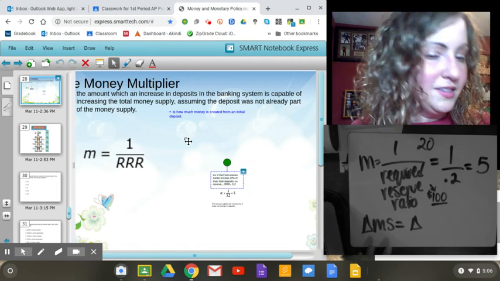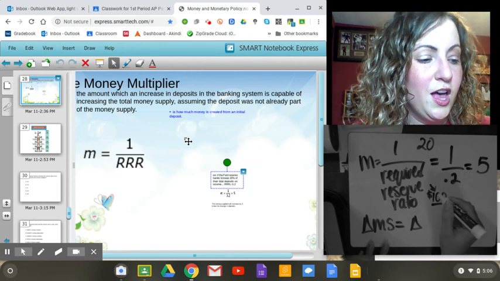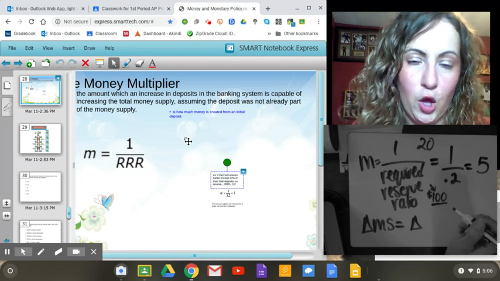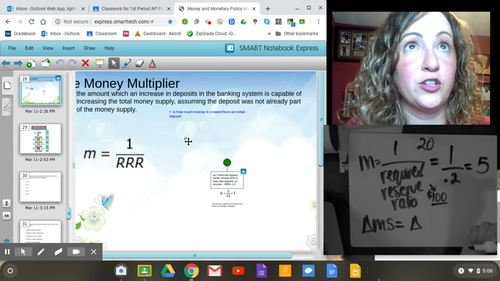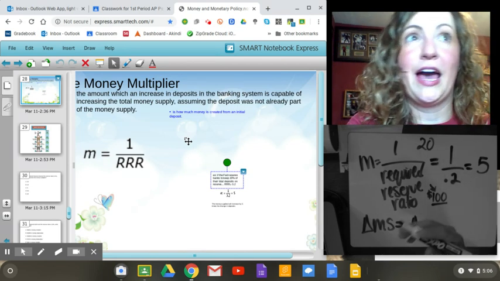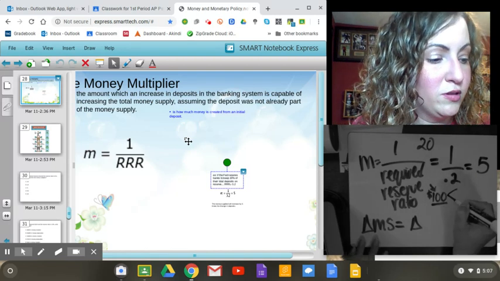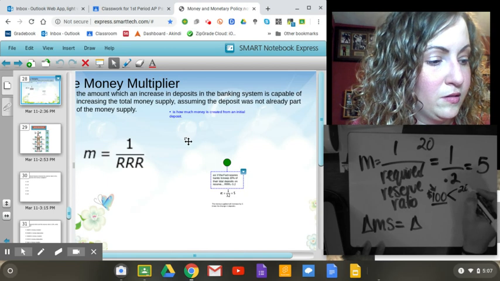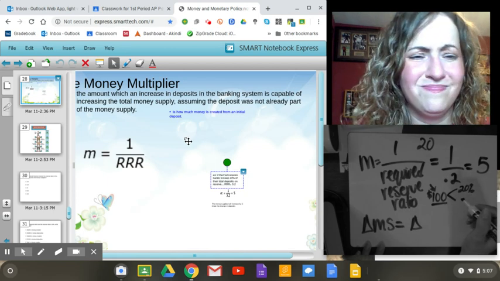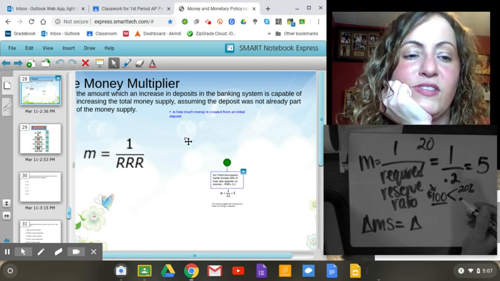If you deposit $100 into the bank, the bank cannot loan out all $100. They have to keep a fraction, a percent of the deposit in the bank at all times. And so what they can loan out is 20% of this.